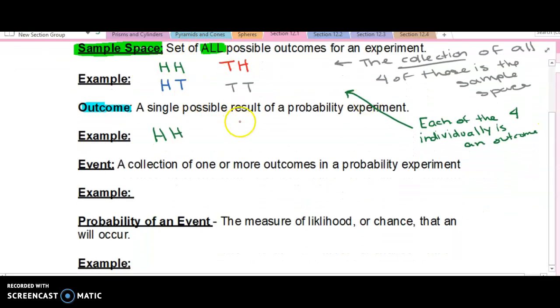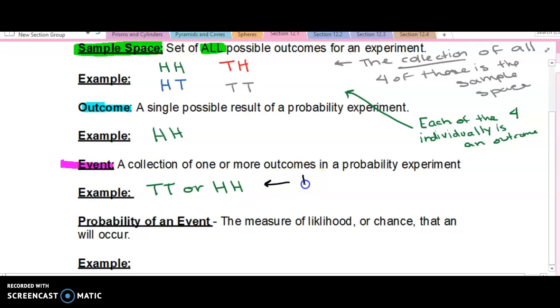Okay, an event. An event is a collection of one or more outcomes in a probability experiment. So say we want to know if it's tails, tails, or heads, heads. Say we want to know if it lands on the same thing both times. Okay.